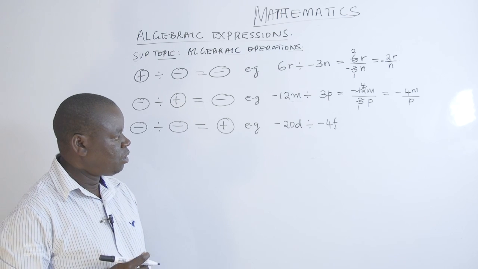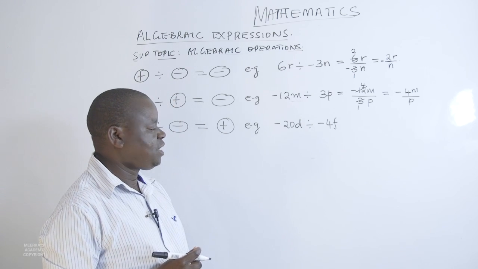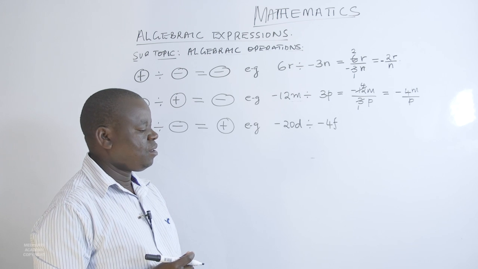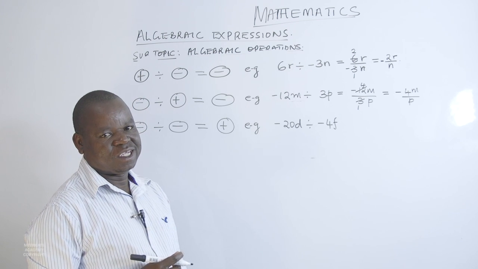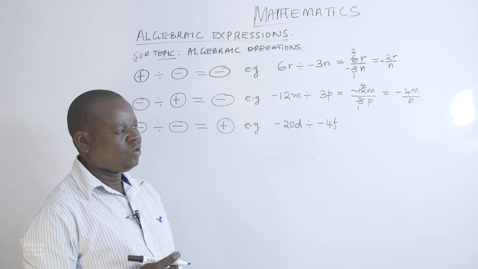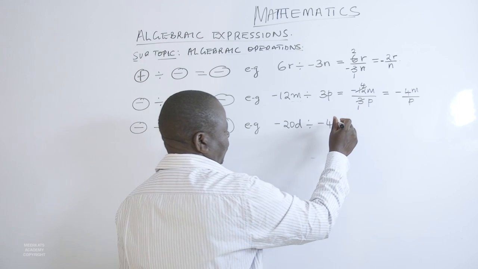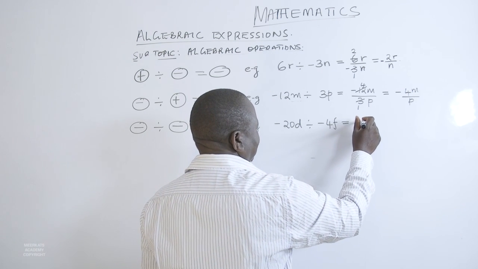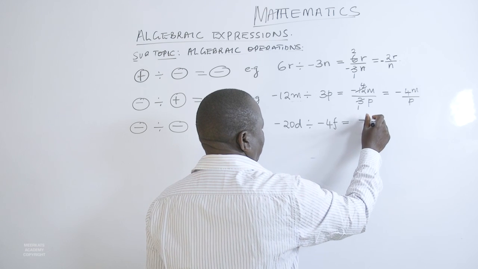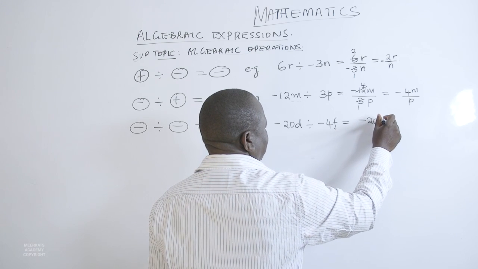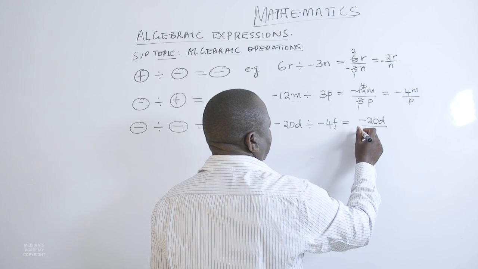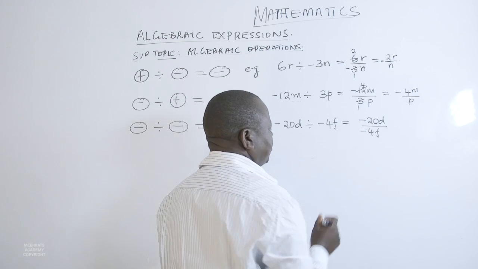We have minus 20d divided by minus 4f. We follow the same procedure. We write it as minus 20d all over minus 4f.